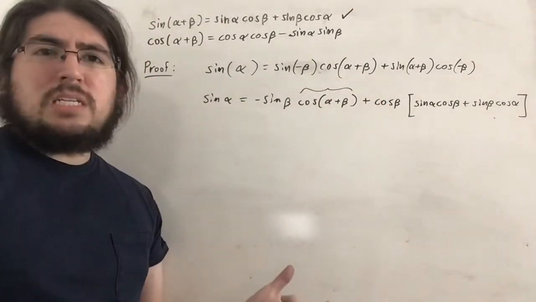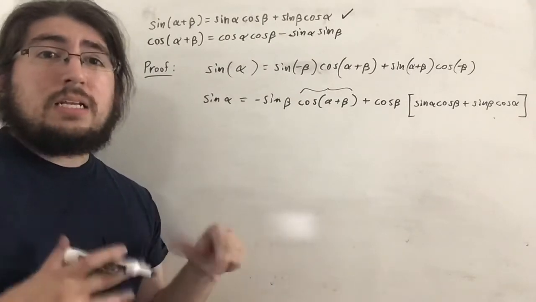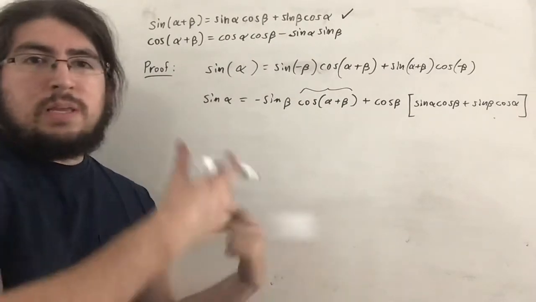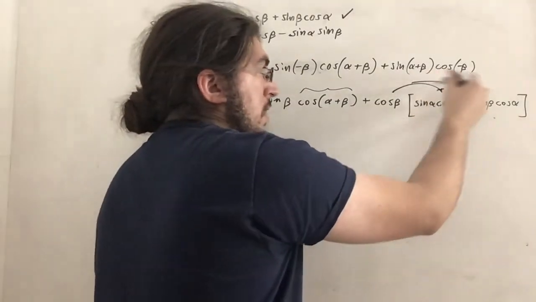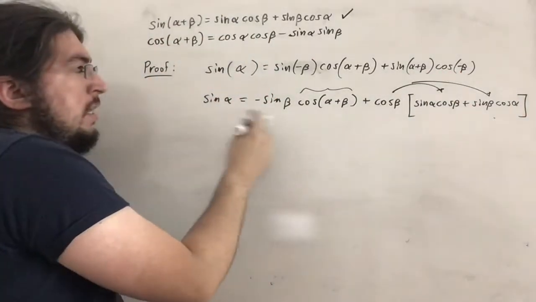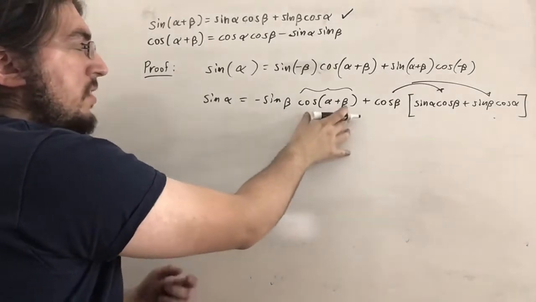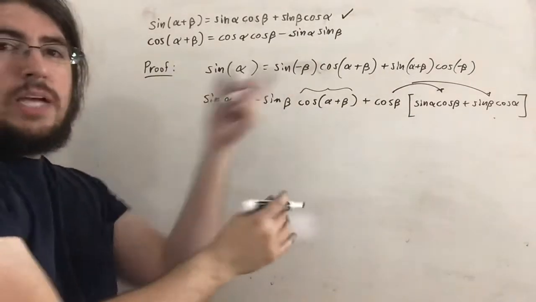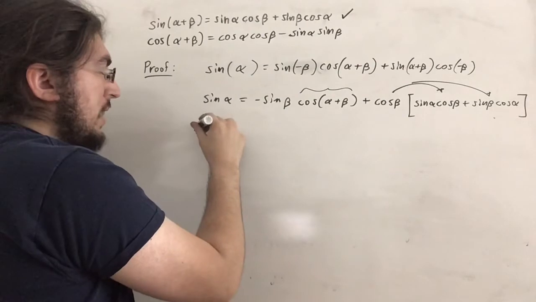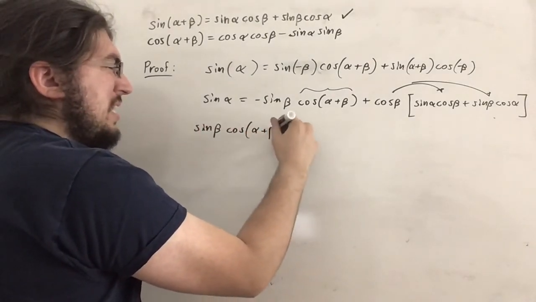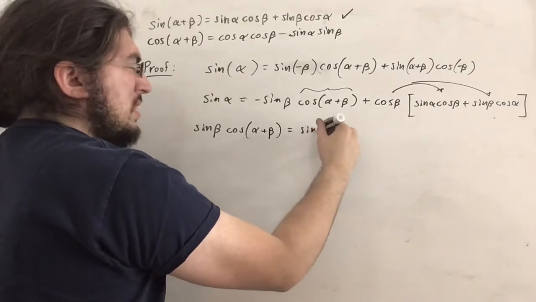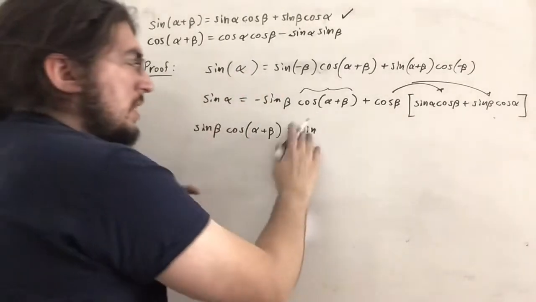It takes a little bit of justifying, but it's actually not that bad. It's actually a little easier to show than redoing the geometry argument. So let's see. We distribute this, and we want to solve for this one. So I'm going to add this to this side and subtract sine from that side. So I'm going to get sine beta cosine alpha plus beta equals, well, we're subtracting that, so it's going to be negative sine alpha.